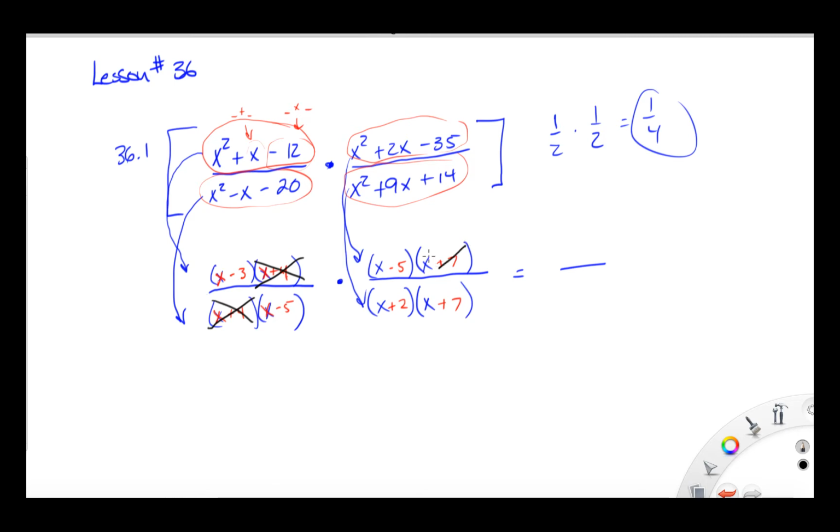This x plus 7 and this x plus 7 can cancel out as well. Look at this. We've got a negative 5 here and a negative 5 here. Both of those can cancel out. So it has to be one on the bottom and one on the top, exact same signs, and look what we're left with. x minus 3 and x plus 2. All right? Really simple problem.